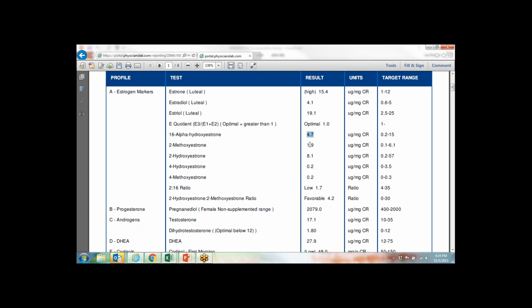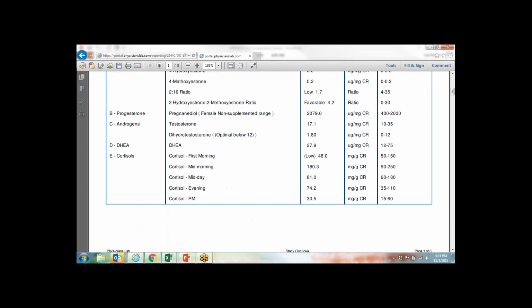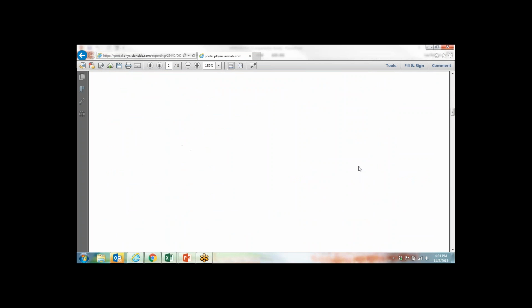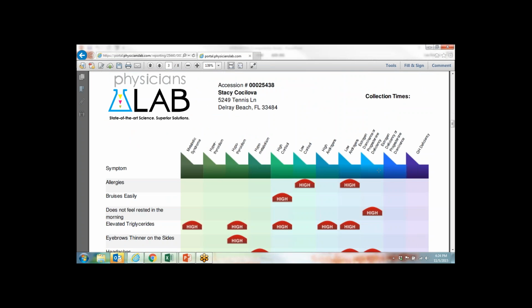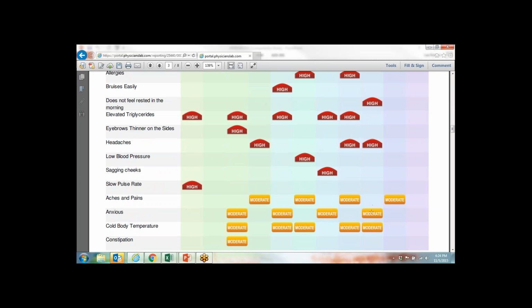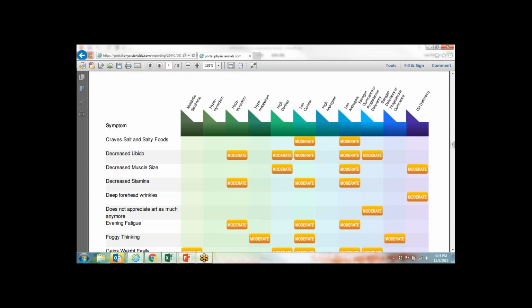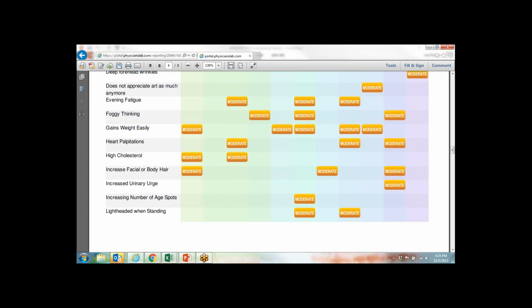And so all of these are feeding into this estrogen-dominant state that I'm in, combined with the fact that I have estrogen-dominant / progesterone deficiency symptoms here in my questionnaire. If I just go down the line: not feeling rested in the morning, headaches, anxiousness, cold body temperature, all these things that are contributed to by estrogen dominance or progesterone deficiency.